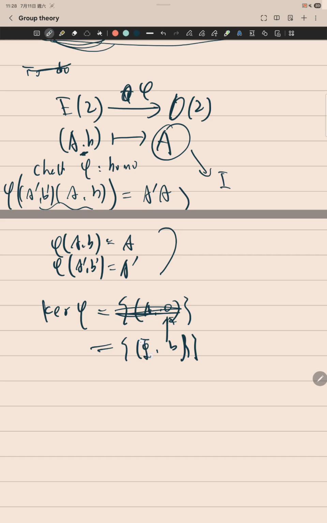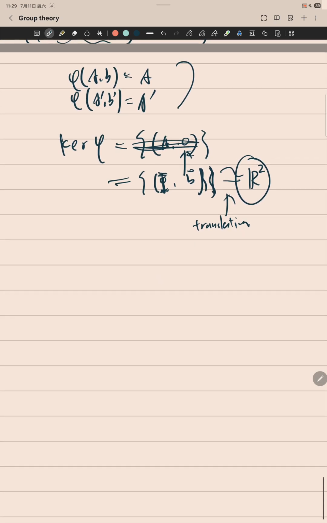So A should be the identity. I can identify these with translations, which can be seen as R squared. So all translations form the kernel, and so it is a normal subgroup of E2.